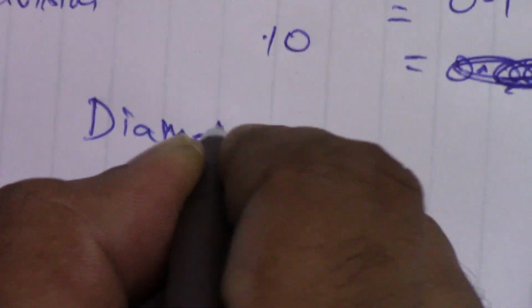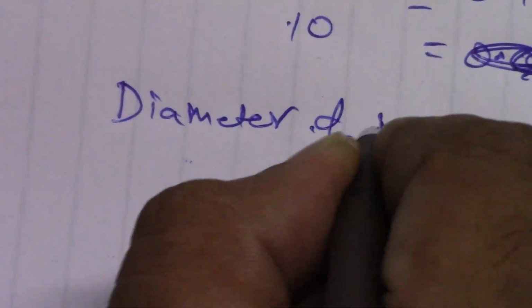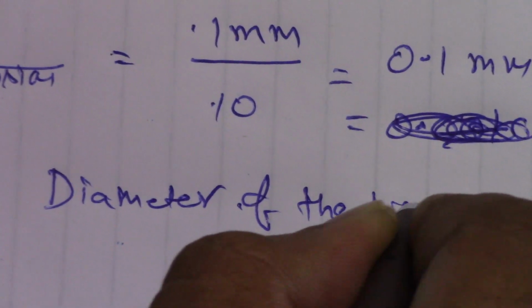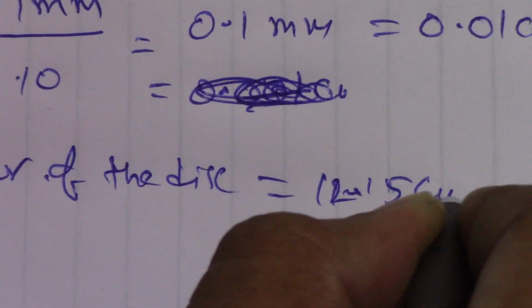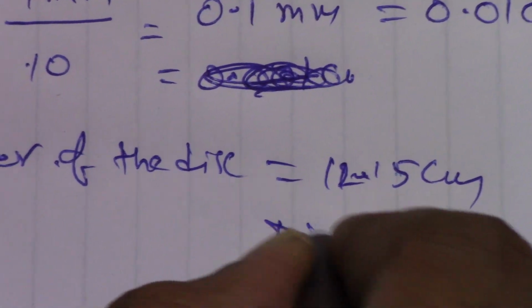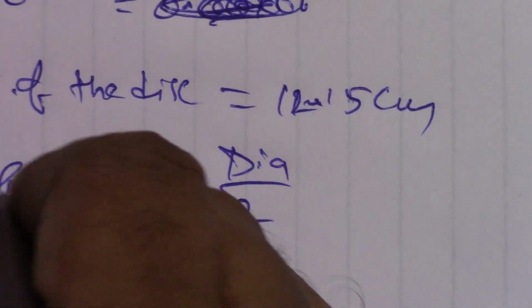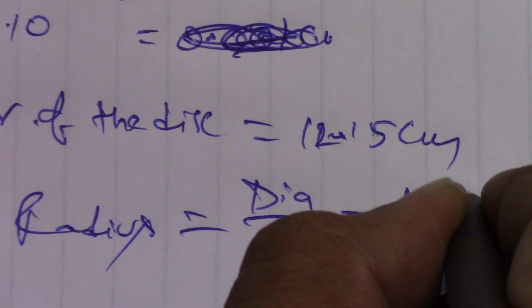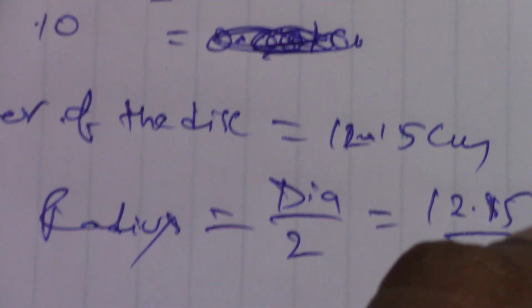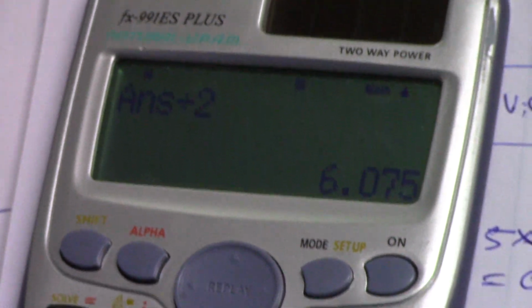Actually what we got is the diameter of the disc. Diameter of the disc is equal to 12.15 centimeters. So diameter by 2 will give what, students? Radius. Okay, so here 12.15 divided by 2 is equal to 6.075 centimeters.